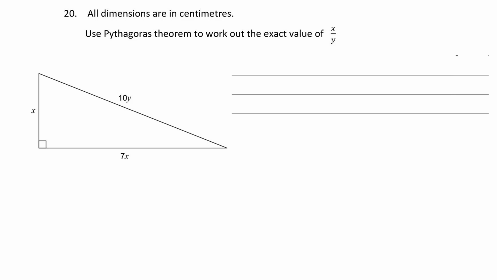Pythagoras theorem says c squared is equal to a squared plus b squared, where c is the longest side and a and b are the other two sides of a right angle triangle. Okay, so here c is 10y, isn't it? And a can be x and b can be 7x. So we're going to sub those values in and see what we get.